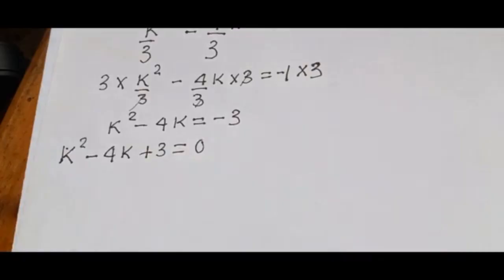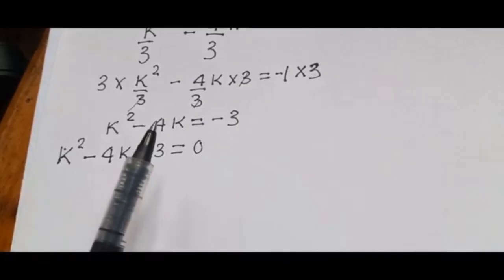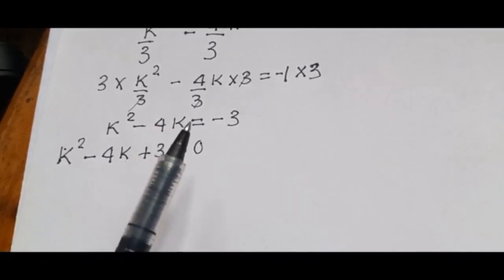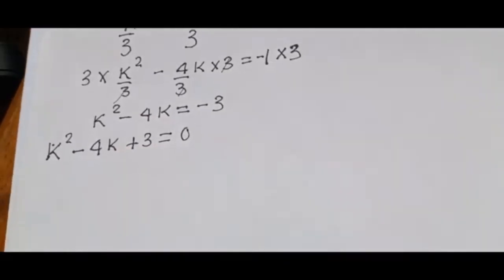Here we have already expressed the exponential equation above in terms of k. But we are told to find the value of x. In order to find the value of x, first find the value of k. Thereafter, find the value of x.